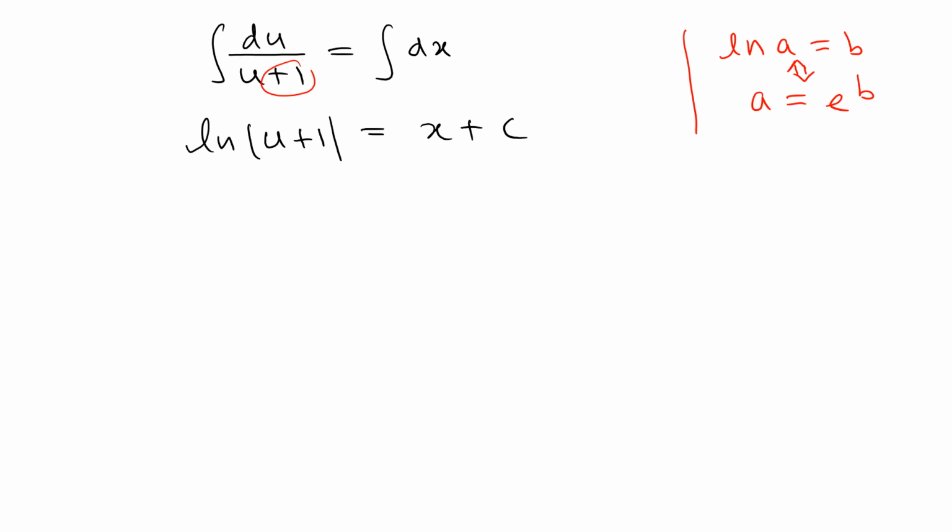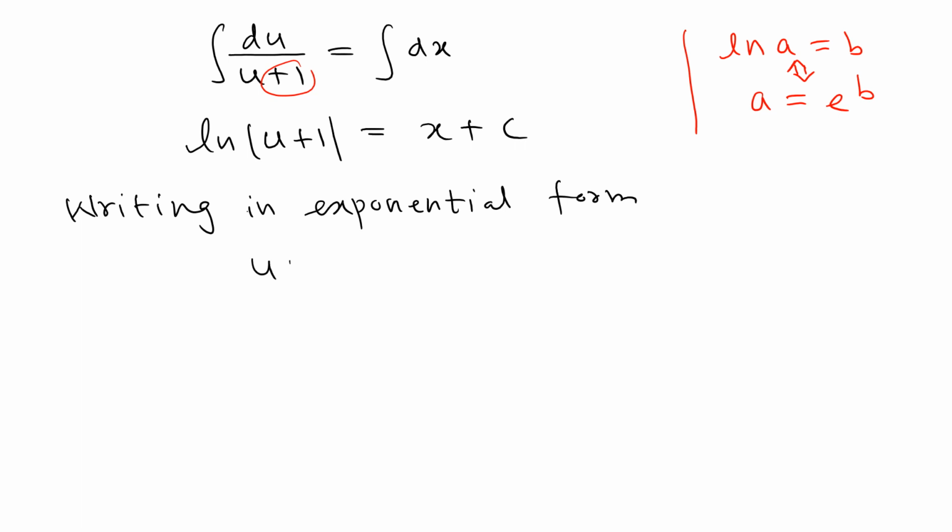So writing in the exponential form, we have |u + 1| equals e to the x plus c.